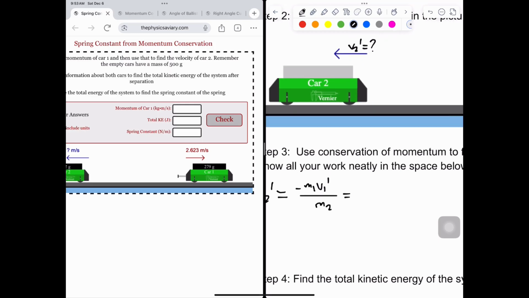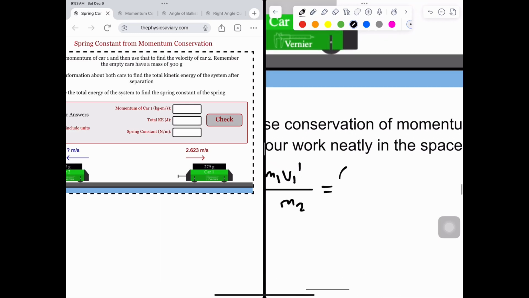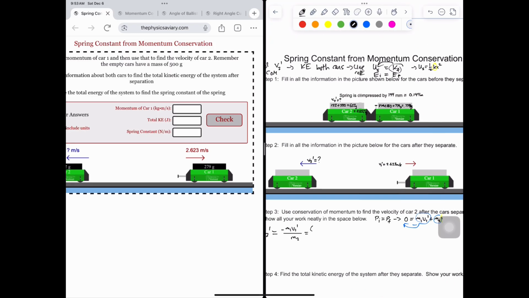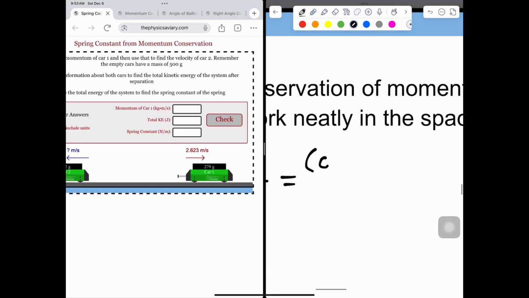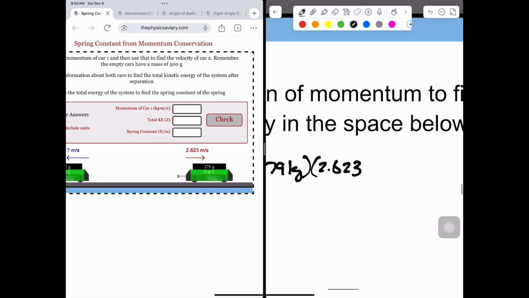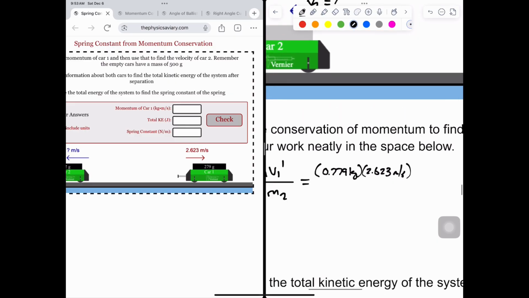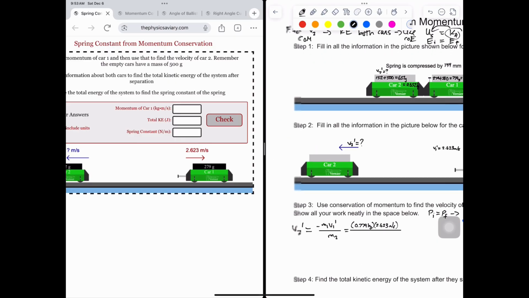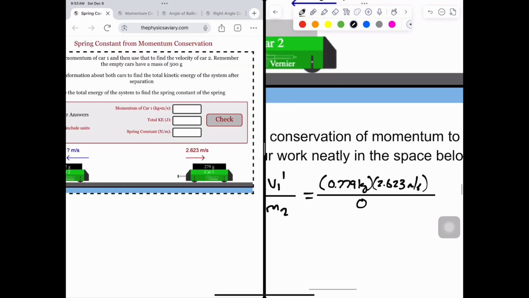So go ahead and plug in your information. So my mass 1 was 0.779 kilograms. Its velocity after was 2.623 meters per second, all divided by mass 2, which was 0.652.